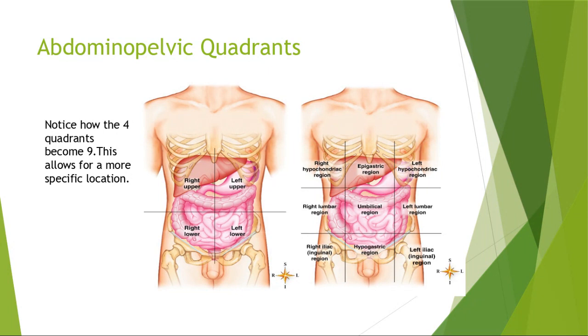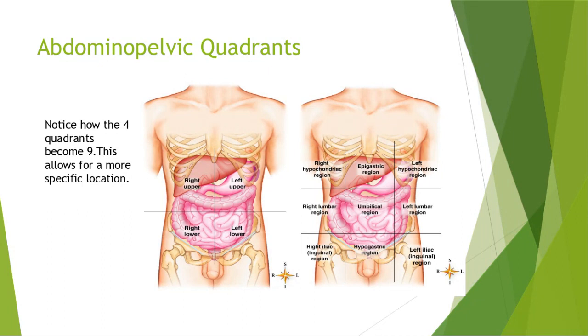So if a patient were to come in and they were hurting in their right lower quadrant, there's a lot of things in this right lower quadrant. You can see that there's colon, there's small intestines, there's reproductive, and there's also appendix.